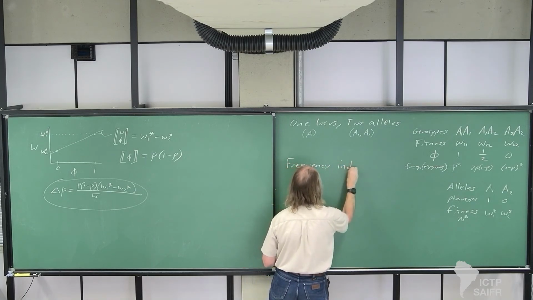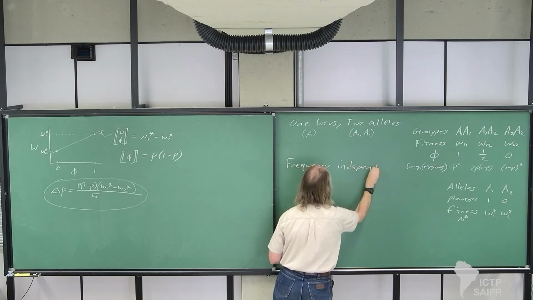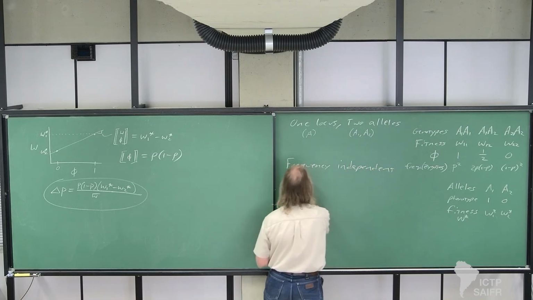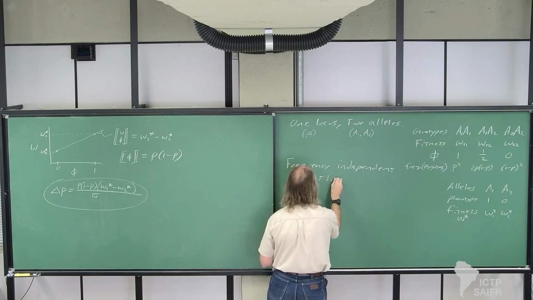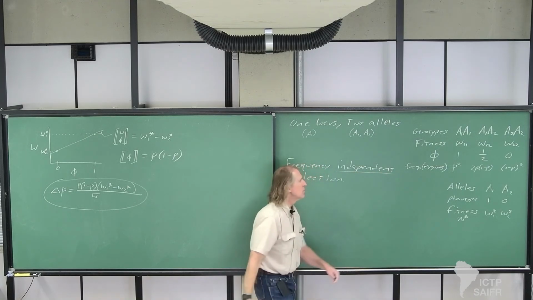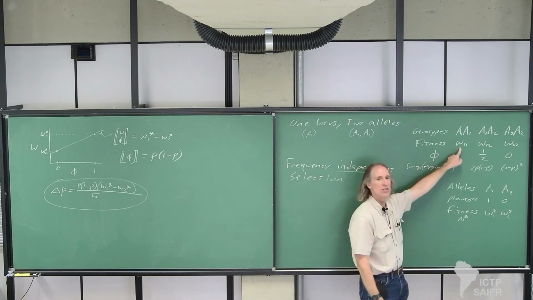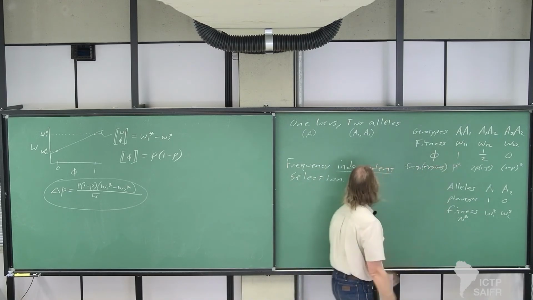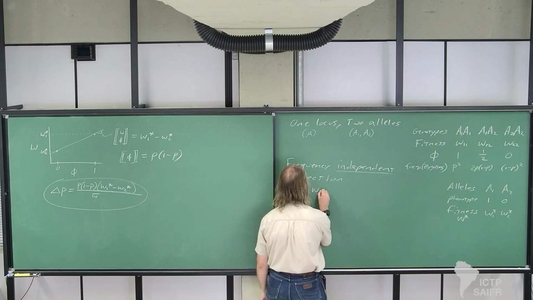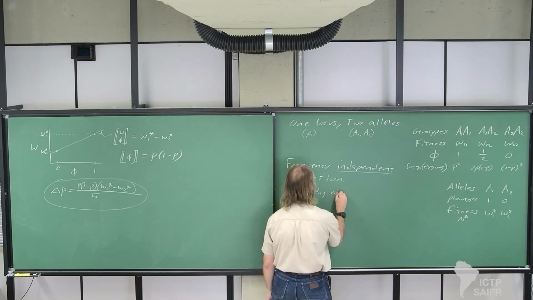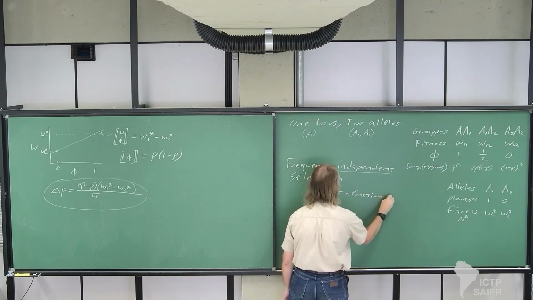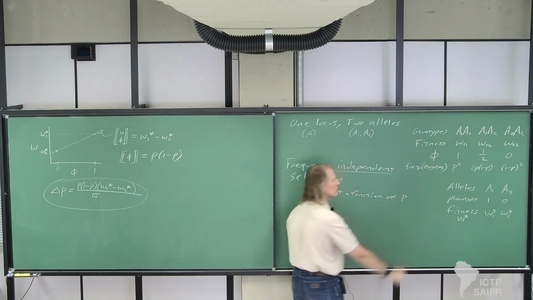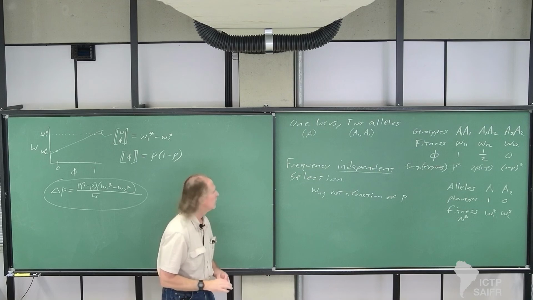What that means is that these fitnesses are not functions of p. That means Wij is not a function of p.